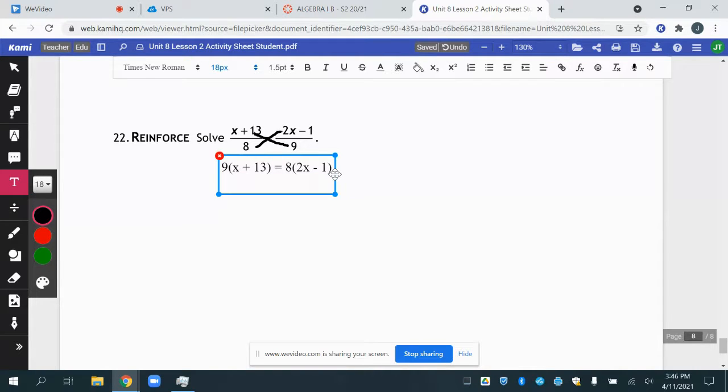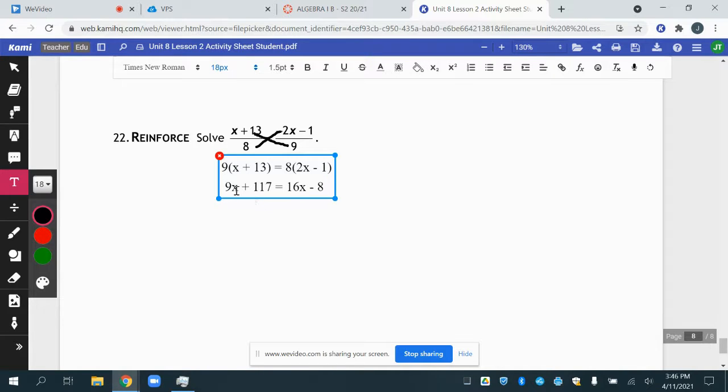So 9 times x and 9 times 13 makes, well, 9x. 9 times 13 is 90 plus 27 is 117, right? Yeah. Okay. And 8 times 2 is 16. 8 times negative 1 is negative 8.